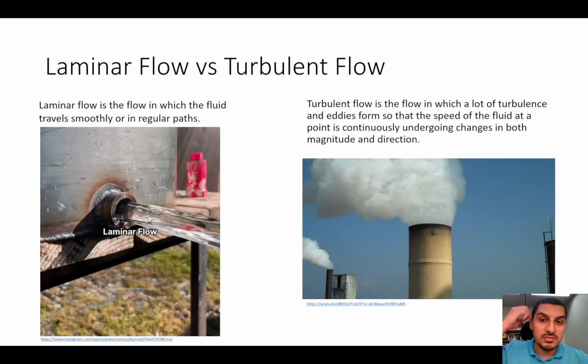So this is why we prefer the turbulent flow, and we design the equipment so that the fluid flows in a turbulent regime to achieve this high rate of transfer that will make the process economically feasible.